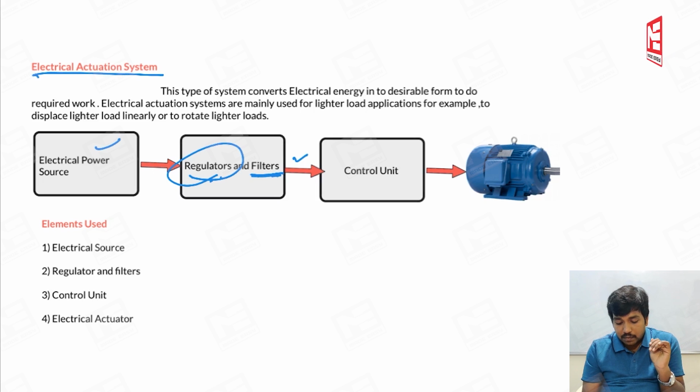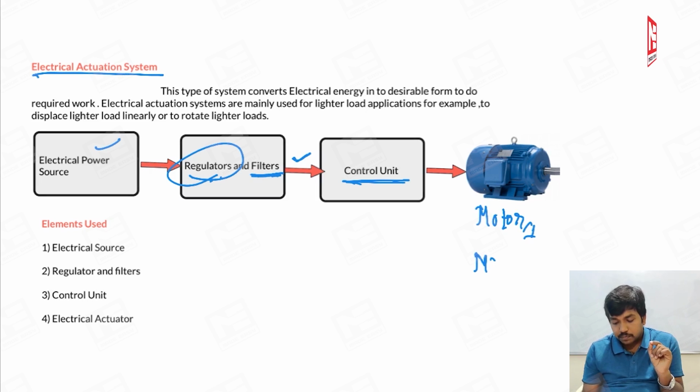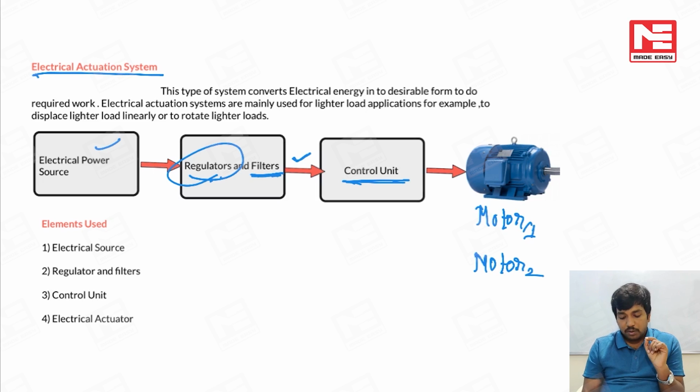Then the supply, whatever we have at this point, is voltage or current, but most probably this should be current. Now the question is, should this current be supplied to motor 1 or motor 2? That will be decided by the control unit. So the control unit channelizes the current flow to the required load.